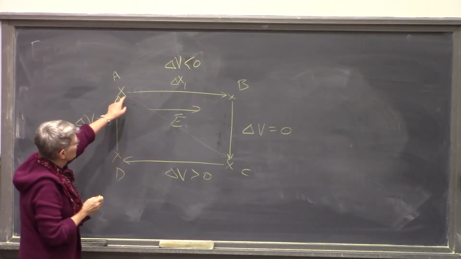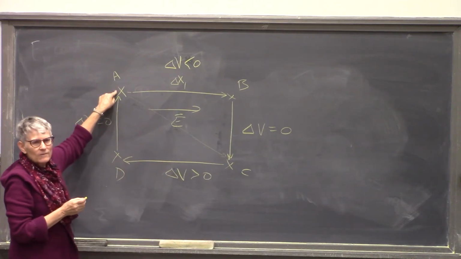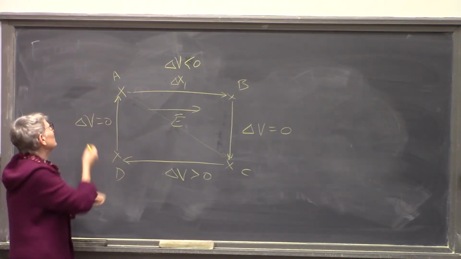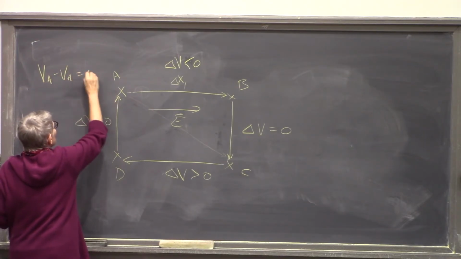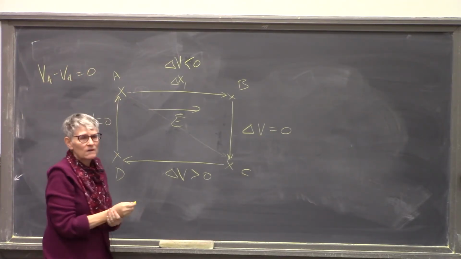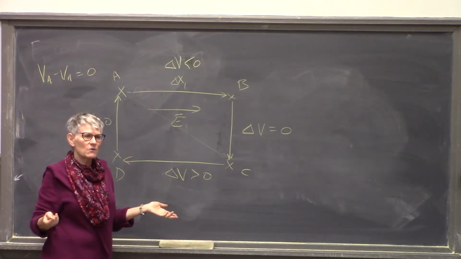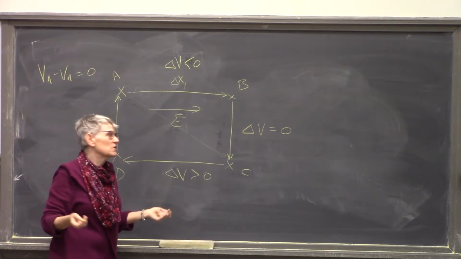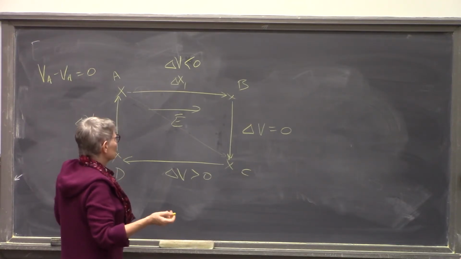And what do you think if we took this whole path, it should add up to 0, right? And even the notation suggests that VA minus VA had better be 0. And if we work it out with numbers, that's what we're going to see. So we can make up some simple numbers.